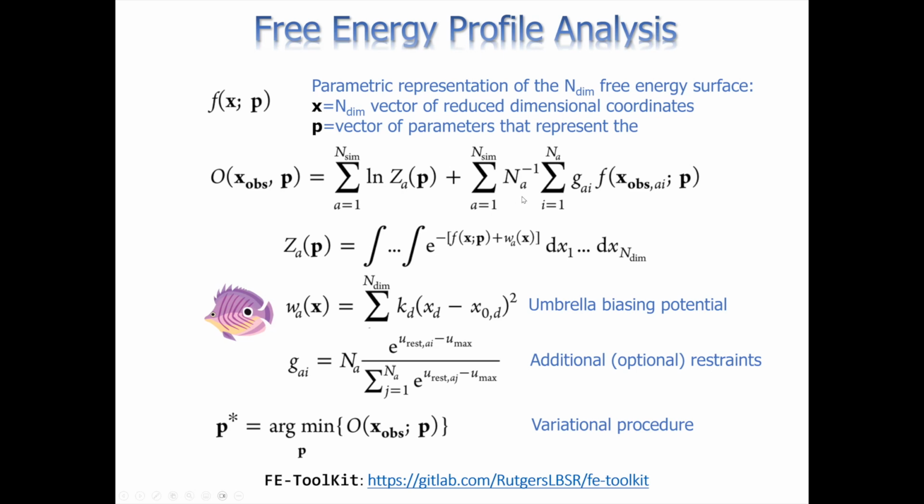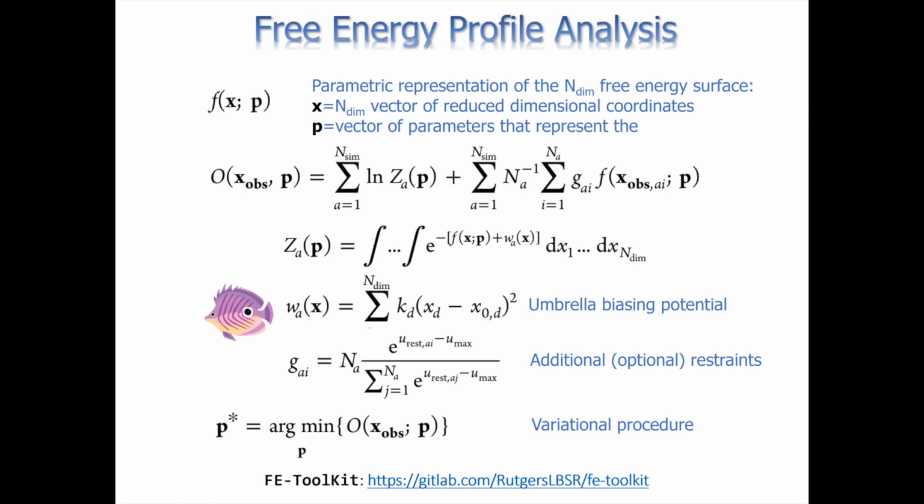So you've got this big double sum, and in the end, what you want to do is variationally optimize the parameters P in this objective function. Once you optimize those parameters, you now have an analytic representation of your global free energy surface.